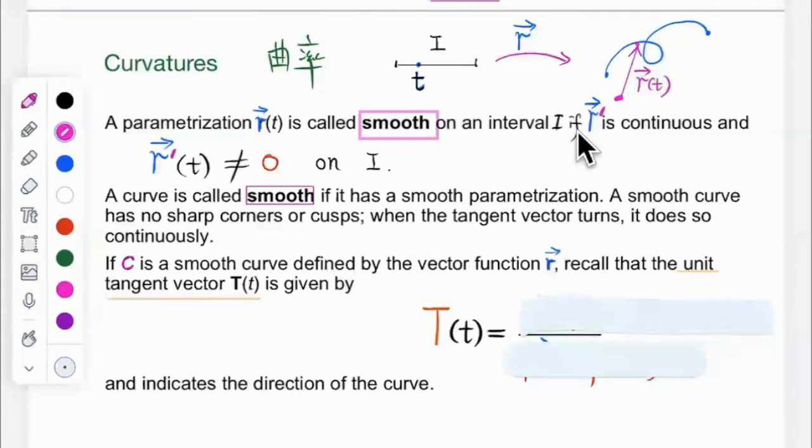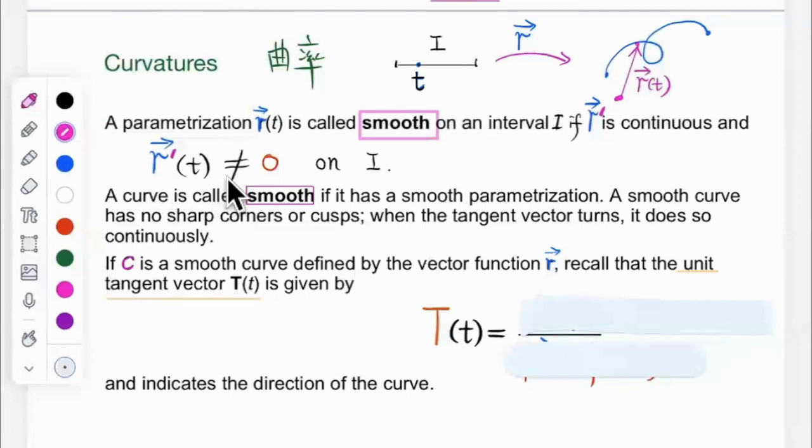Now, what does it mean that R prime is continuous? That means the rate of change of this position vector R is going to be continuous.